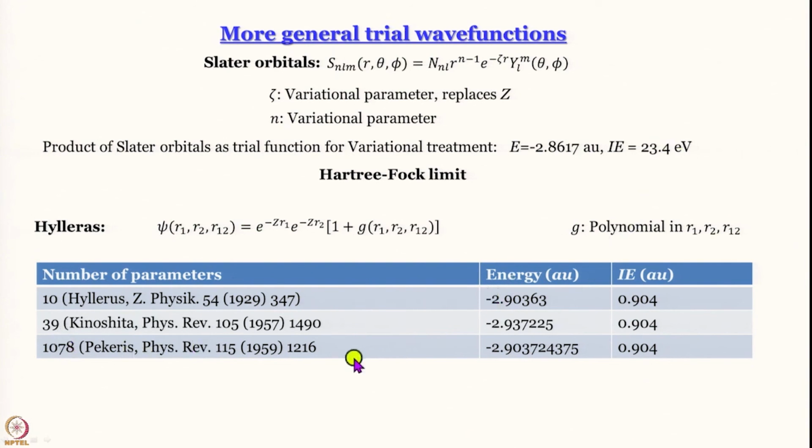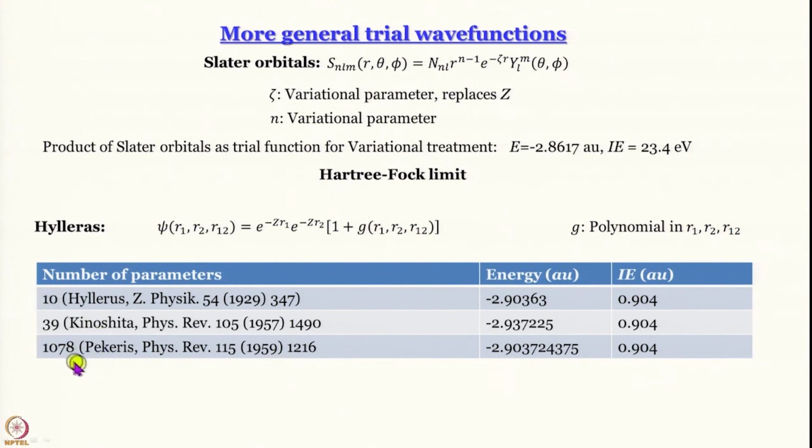Then Kinoshita in 1957 published this result with 39 parameters, and you get minus 2.937225 for energy, atomic units. Ionization energy remains 0.904. Pekeris used 1078 parameters, that means 1078 terms, and published this result in 1959.